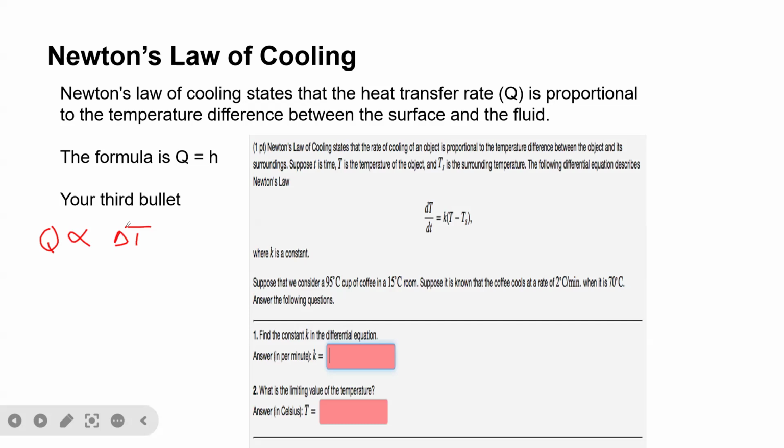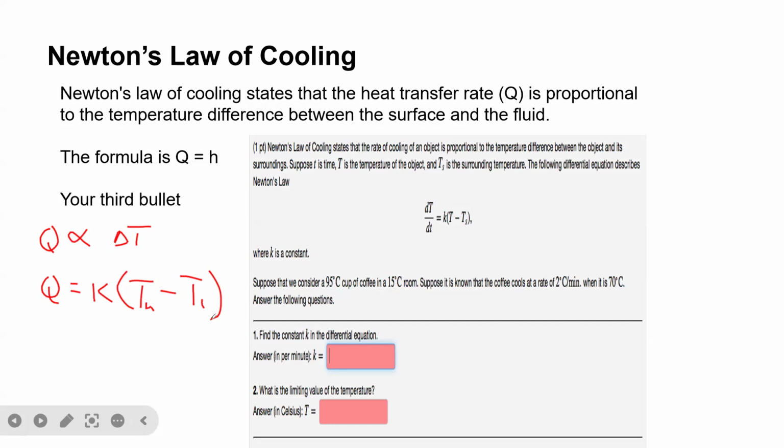Since we have proportionality, we are going to introduce a constant. So we now have Q is equal to K times the temperature of hot minus the temperature of cold. So you see, this is the formula.